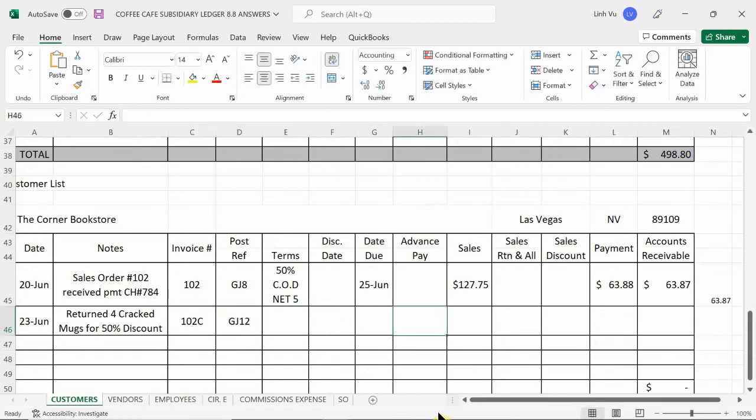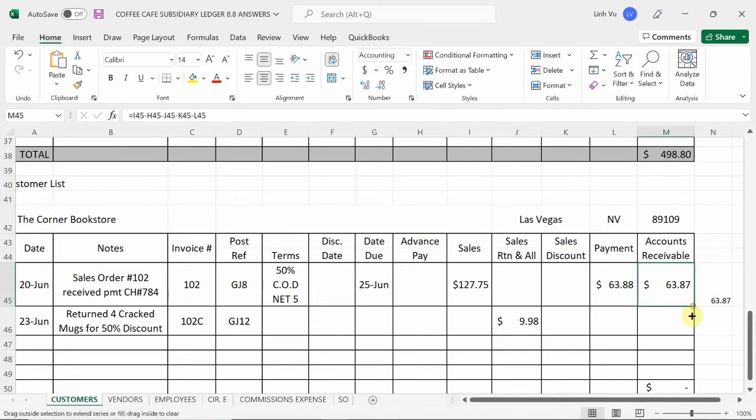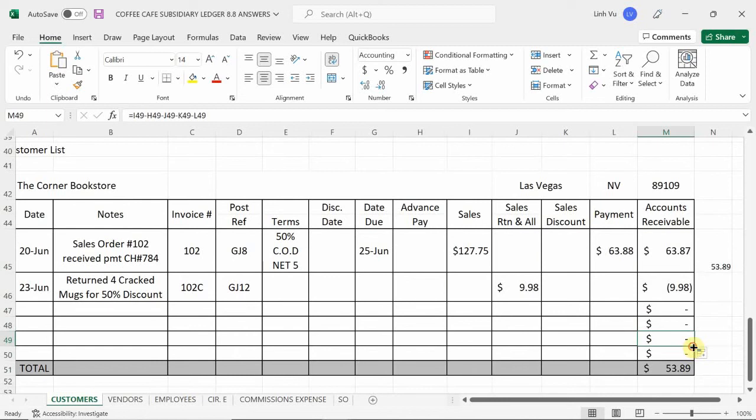So this is going to go in the sales returns and allowances column for $9.98, which will bring it to 53.90. Yep. And that's what we need. 53.89. Did you put 99?